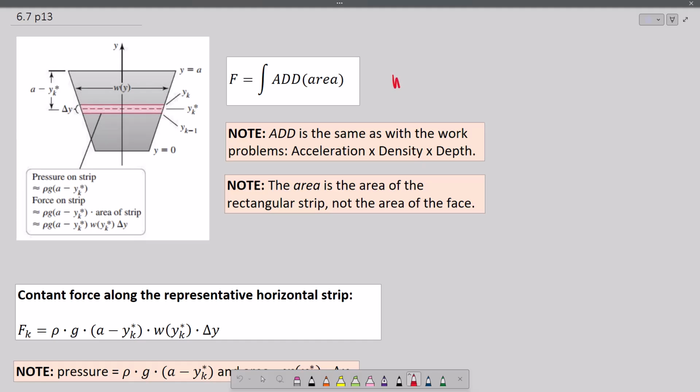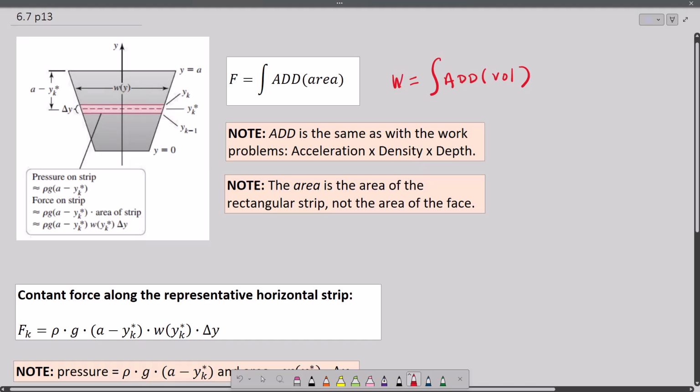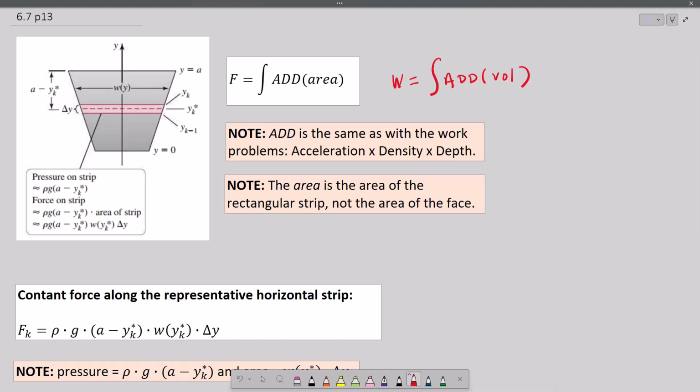All right, so remember that when we found work, we were doing ADD multiplied by volume. If we take away 1 unit of length, we are at area instead of volume. And if we take away a unit of length from work, we get force, because work is force times distance. All right, so if you take away 1 unit of distance, then we're back to force.